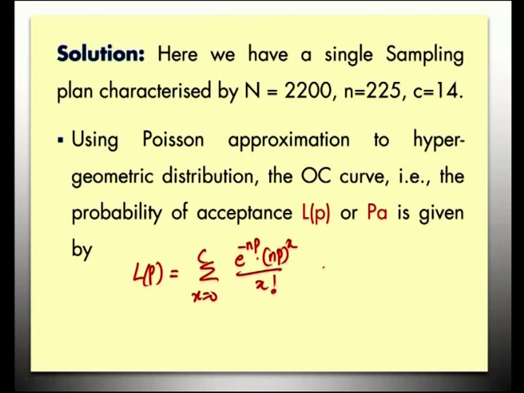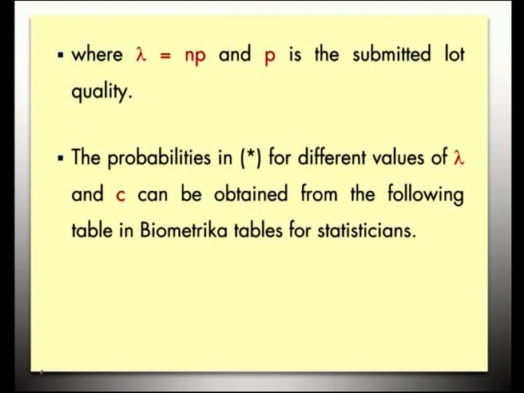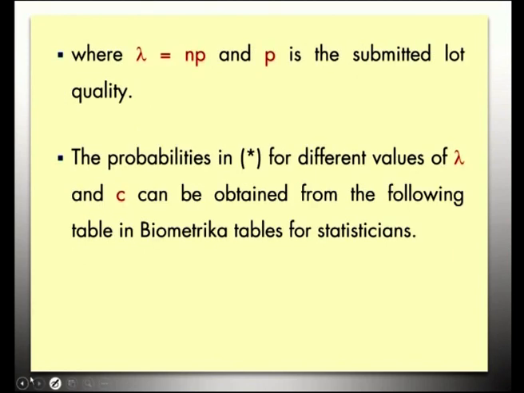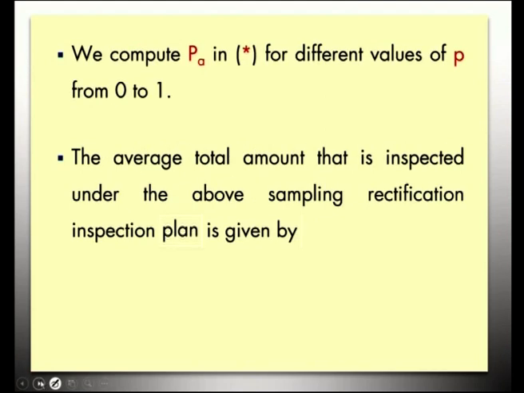And this is written as summation x is equal to 0 to c, e power minus lambda power x by x factorial, where lambda is taken to be equal to np, and p is the submitted lot quality. This equation is marked as star. The probabilities in star for different values of lambda and c can be obtained from the table in Biometrika Tables for Statisticians. Now, we compute this PA in star for different values of P starting from 0 to 1.